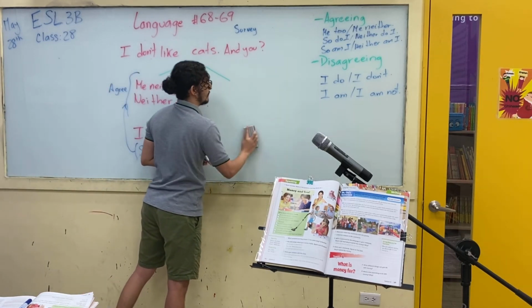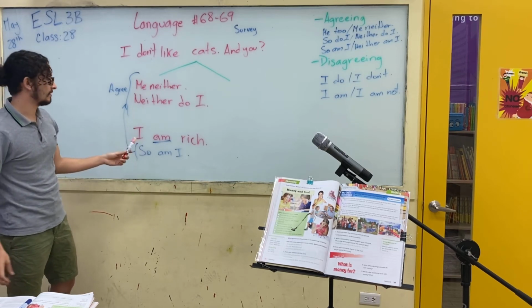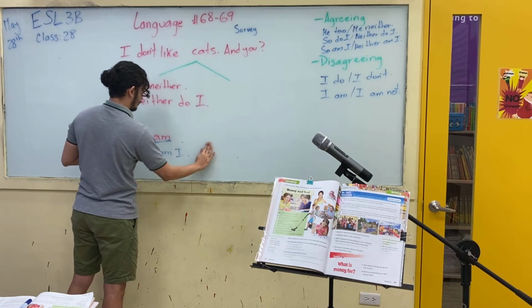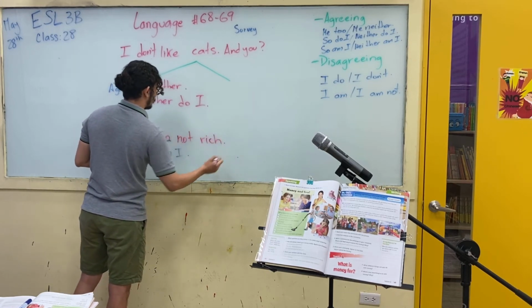And then for the other, for what about this kind of thing. So if you say, I am not rich. So what can you say?